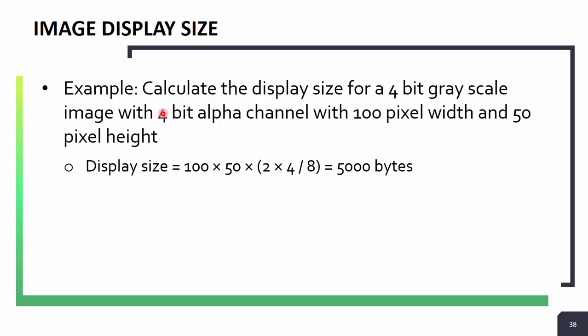The total is 8 bits per pixel already. It's actually 4 plus 4 divided by 8, which is 1. So it's 1 byte per pixel. So it is easy. 1 multiplied by 100 by 50, it is 5000 bytes.